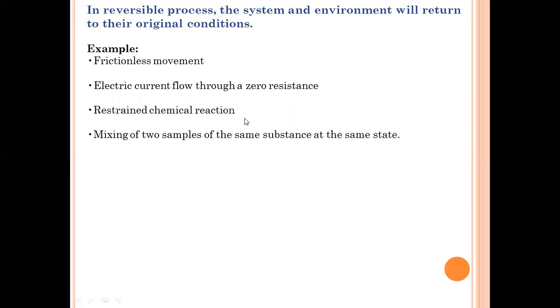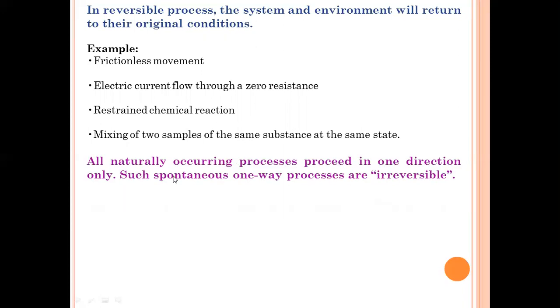Restrained chemical reaction, and mixing of two samples of the same substance at the same state are examples of a reversible process. All naturally occurring processes proceed in one direction only, and such spontaneous one-way processes are irreversible processes. Yes, we can say that all natural processes are irreversible processes.